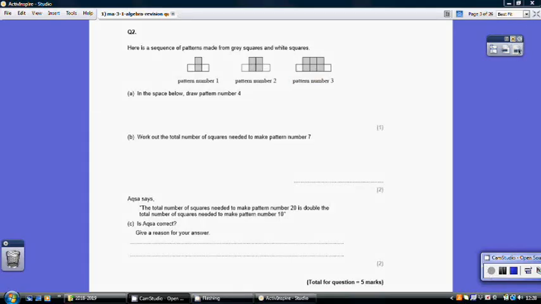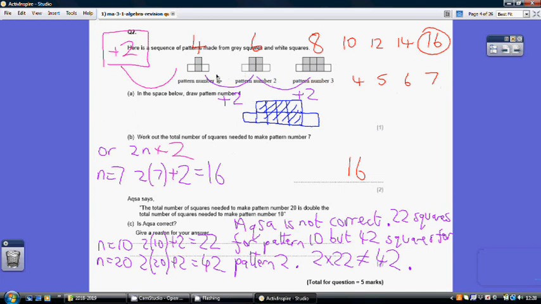Question 2. So we can see the patterns going from one column of grey squares to 2 columns to 3 columns to 4 columns of grey squares with the white squares on the outside. Now part B, work out the total number of squares needed to make pattern 7. So what I've done, I've converted the pattern to total number of squares.